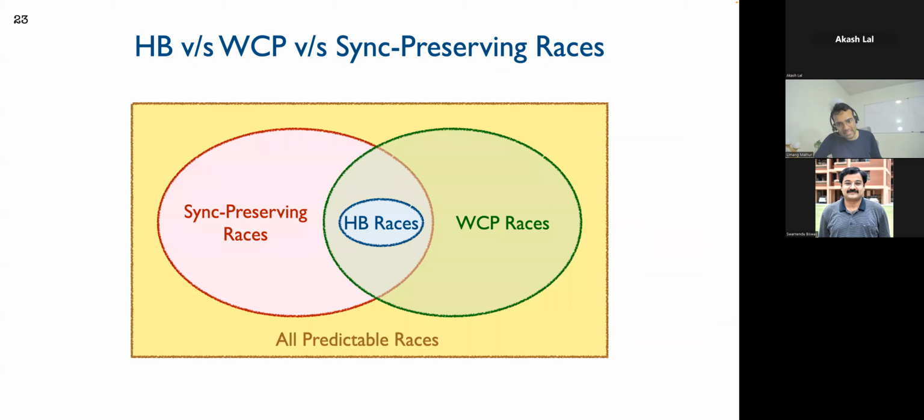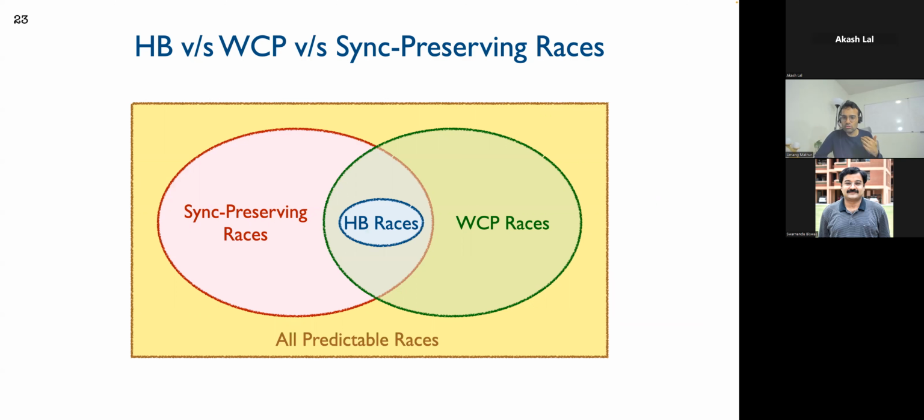So of course, both are linear. As you already sort of pointed out, you can run them in parallel because both are linear time algorithms. In fact, they both process events one by one, and they're also both online. So you can run them in parallel. Having said that, in our experiments, we observed that most of the time sync preserving in practice detects all the races that WCP can detect.